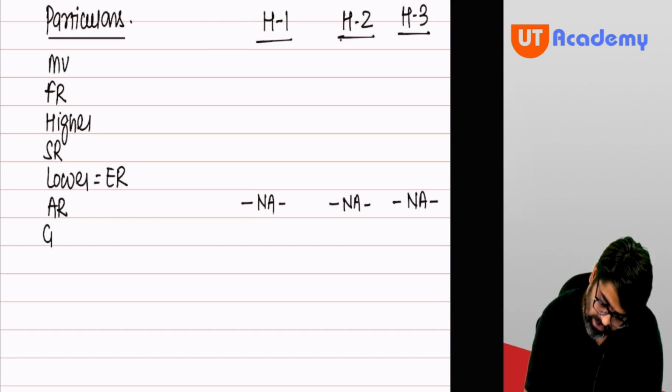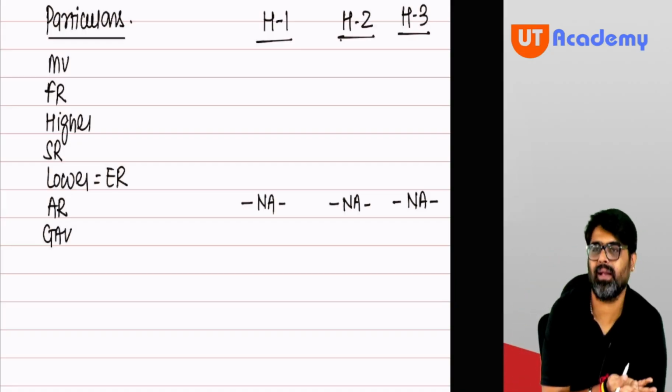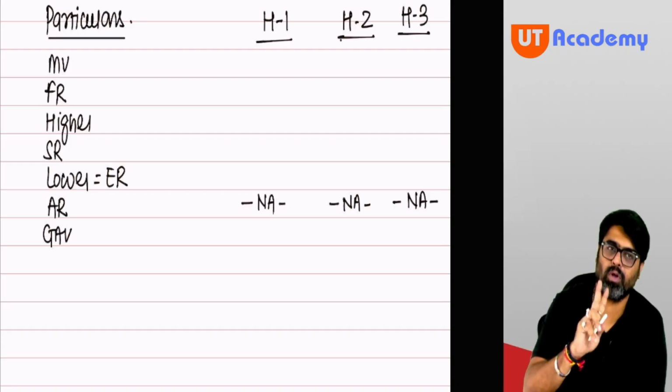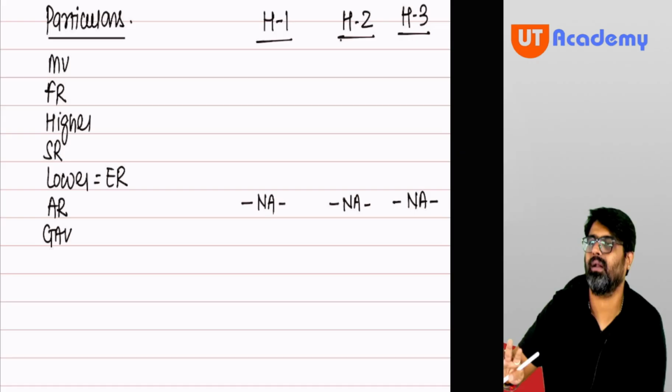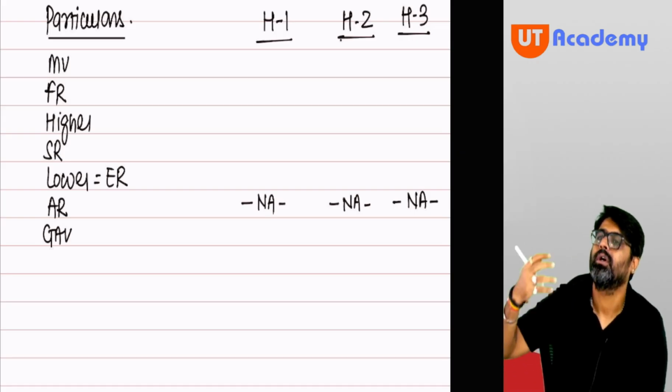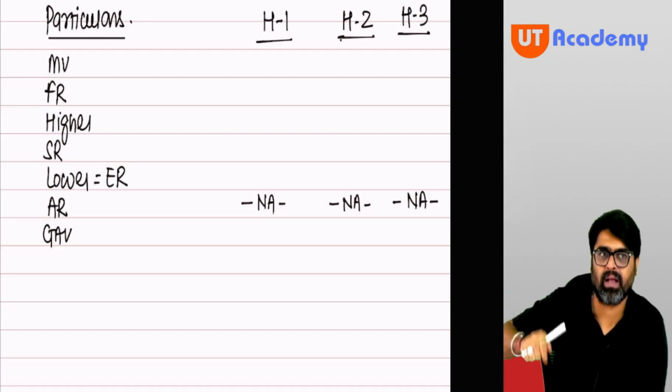Now I will directly calculate GAV. Will there be any unrealized rent? No. Since there is no actual rent, there is no point of unrealized rent. Unrealized rent and actual rent both will come while calculating LOP. Here there will be no actual rent also, no unrealized rent also. Whatever expected rent will come, that will become my GAV.